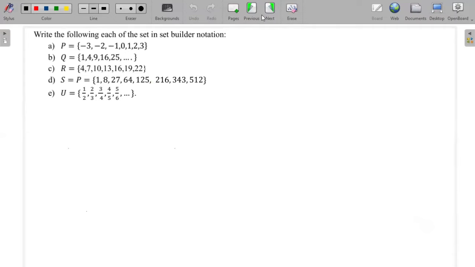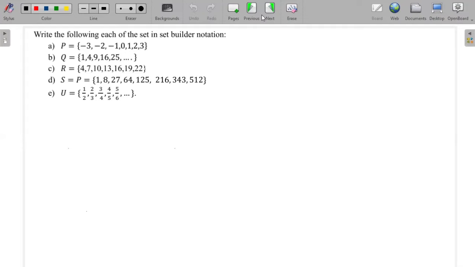Here you can see we have sets that have been listed, and we want to describe them. This part is where we have issues. The only thing you need to do to describe a set is, first of all, identify a pattern in whatever list they have given you.